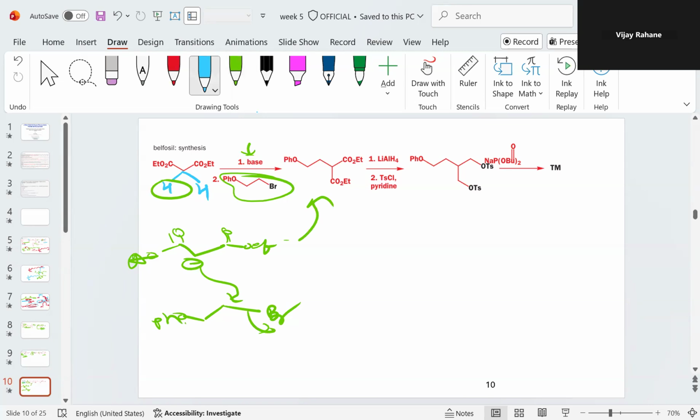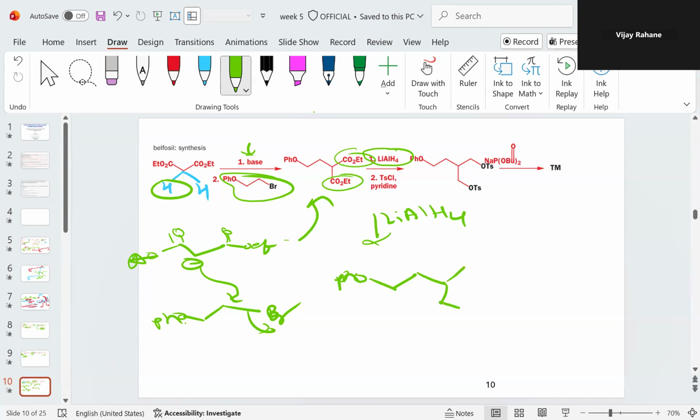Once we get this alkylated product, the second step was the reduction of this ester. I have also mentioned in the last video how the different reducing agents work. In this case, if you do the reduction, these ester groups can reduce to the hydroxy group. So upon LiAlH4 addition, that is the reduction reaction, this phosphate part remains as it is.